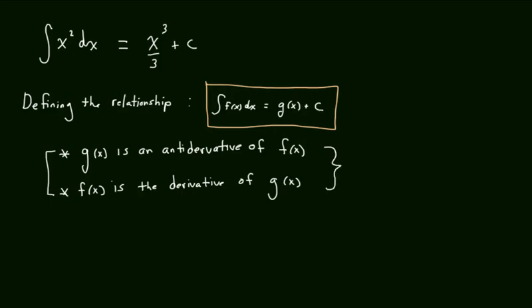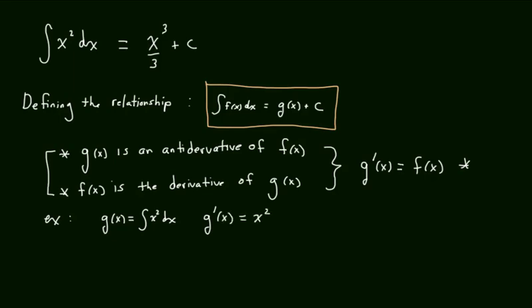Now we can also summarize this relationship by saying g prime of x is equal to f of x. So, for example, if we were to say that g of x is equal to the integral of x squared dx, then it would be clear to see that g prime of x, the derivative of g, would simply be x squared.